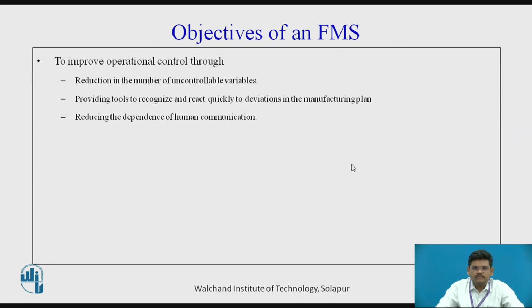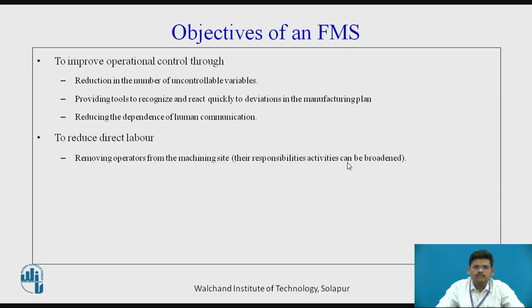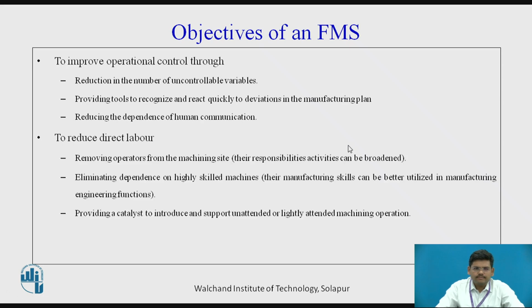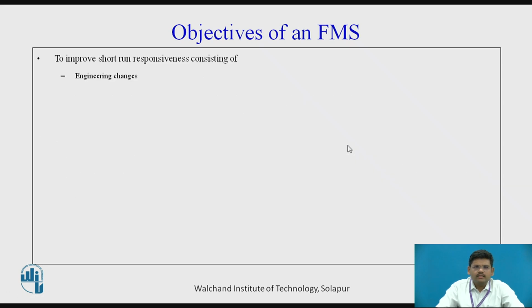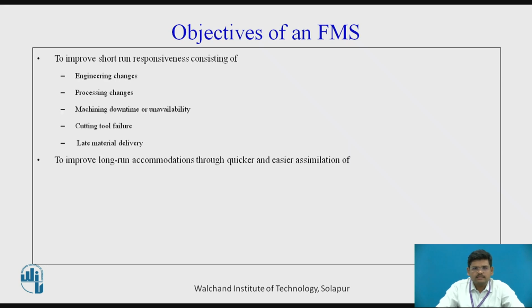Objectives of FMS. The first is to improve operational control through the reduction of the number of uncontrollable variables, to reduce direct labor, then to improve short run responsiveness consisting of change in design or some other parameters, then to improve long run accommodation, that is changing product values and so on.